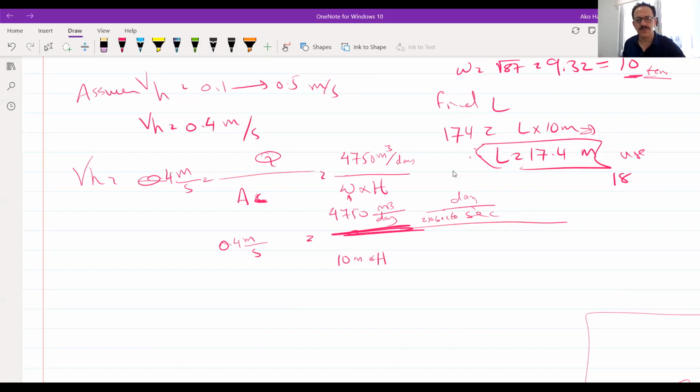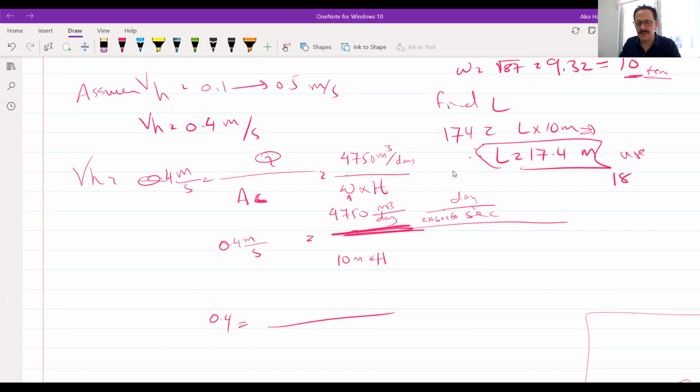So how much will it be? 0.4 will equal 4,750 divided by 24 divided by 3,600 divided by 10. This is gonna be 5.49.